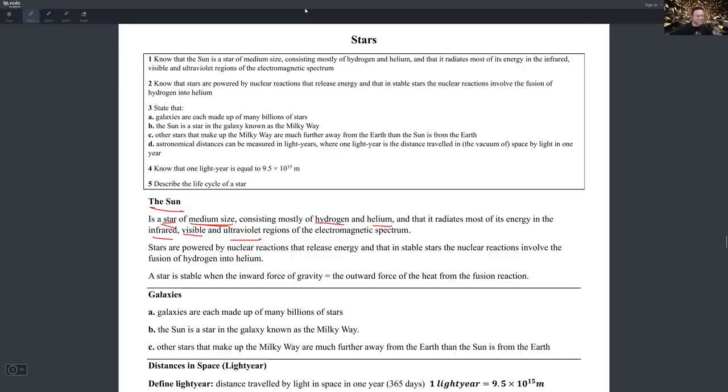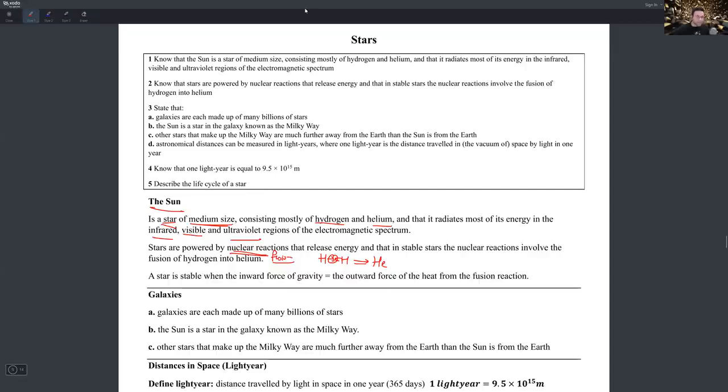Thank you. Now, stars are powered by fusion, to be specific. It is written nuclear reactions, but I mean fusion, where, if you remember in unit 5, we join or fuse 2 hydrogen atoms to form helium and a neutron. But that's not important.